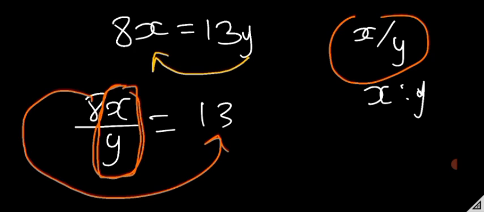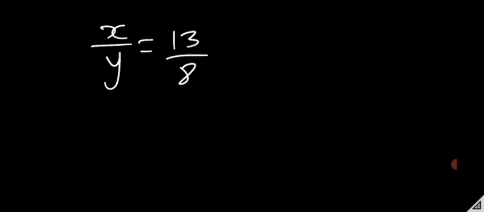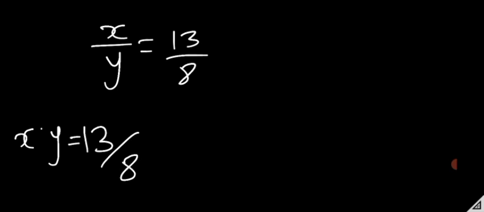So we now have x over y is equal to 13 over 8, right? So the answer, x over y equal to 13 over 8. So that means that x over y is the same thing as x ratio y equal to 13 over 8. So the answer is 13 over 8. That's the final answer.